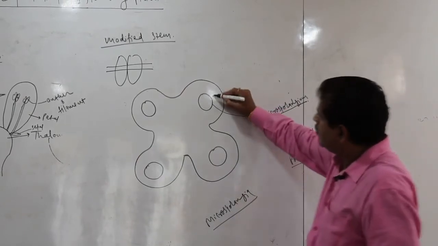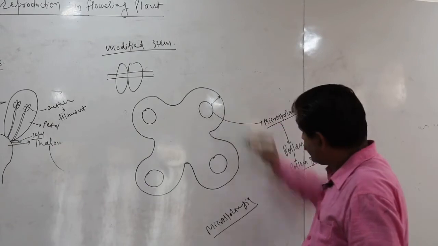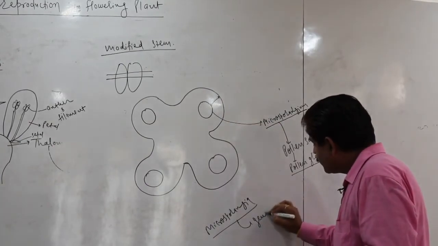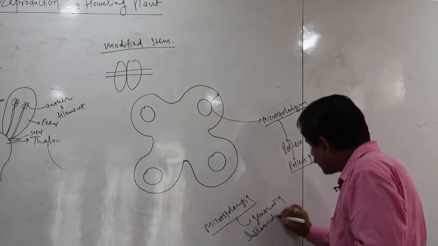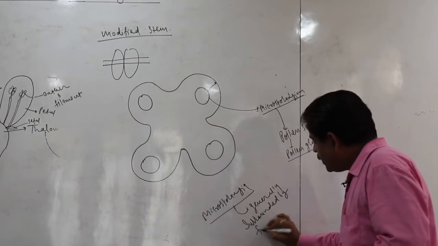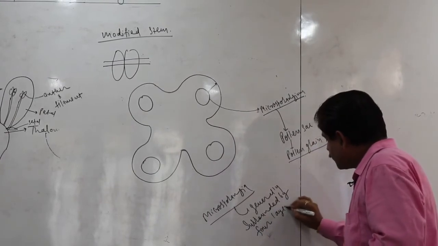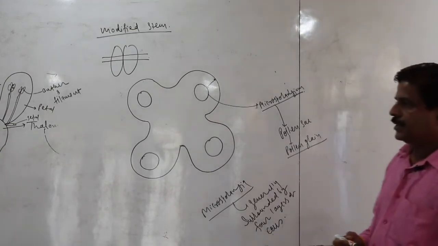These microsporangia are generally surrounded by four layers of cells.